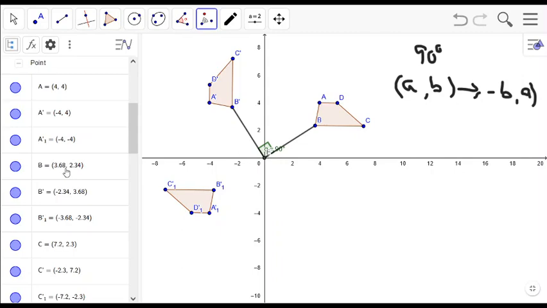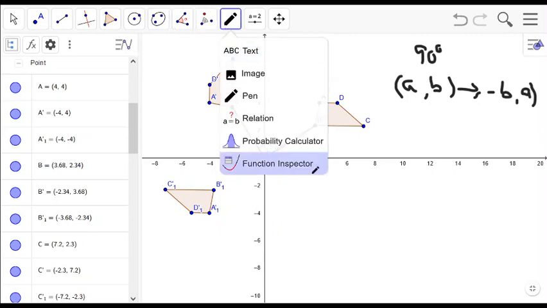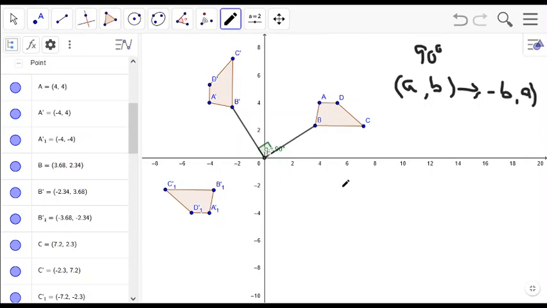The object was (3.68, 2.34), so the image has become (-3.68, -2.34). So it tells you that generally, when we rotate through positive 180 degrees, a point (A, B) becomes (-A, -B).